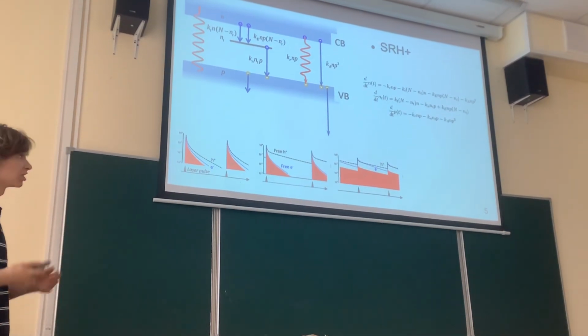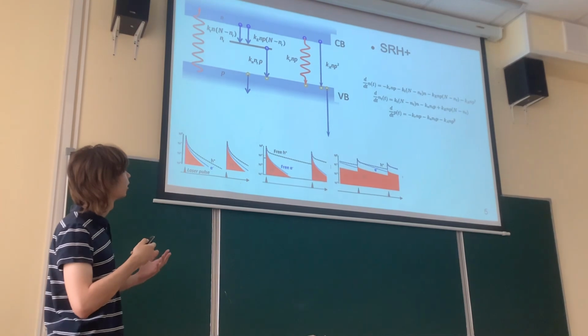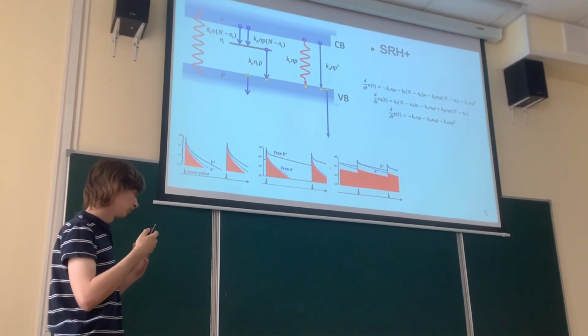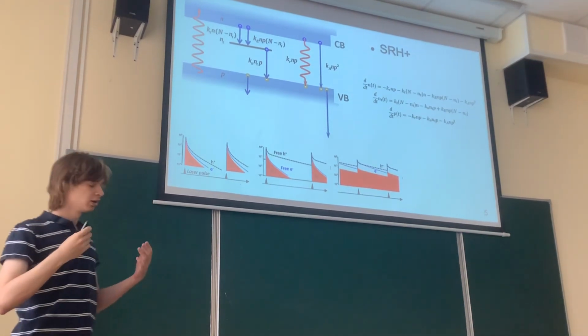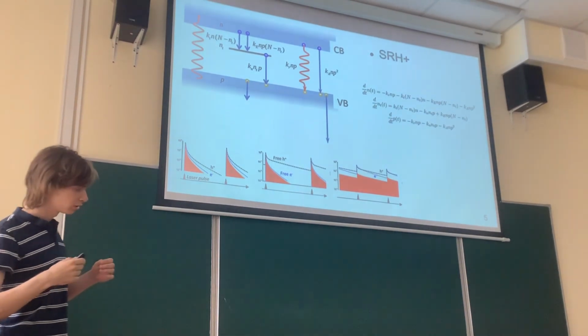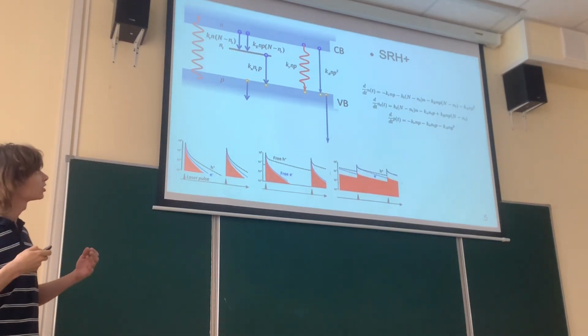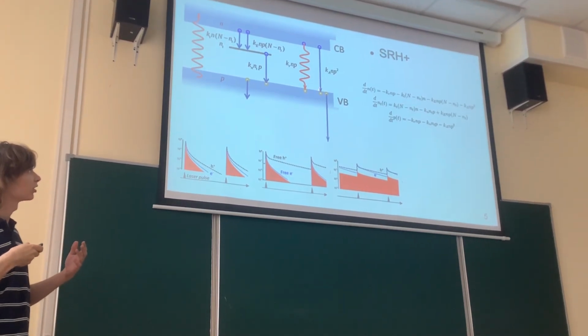As you all know, in semiconductors there is a valence band and a conduction band. When we excite our semiconductor, a population of free electrons and holes is created. However, in some semiconductors, such as perovskite, there are not only valence and conduction bands.